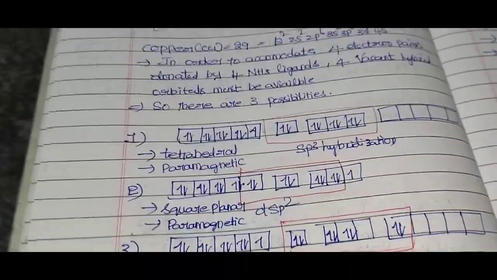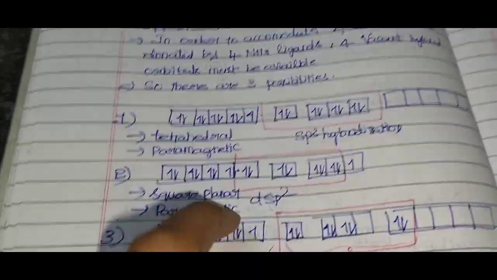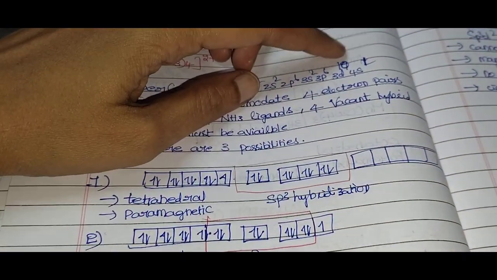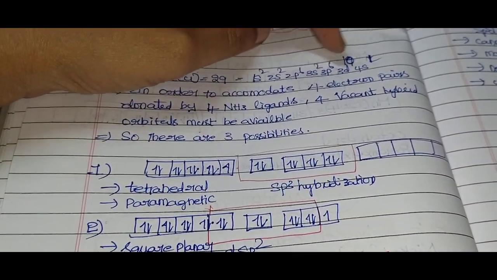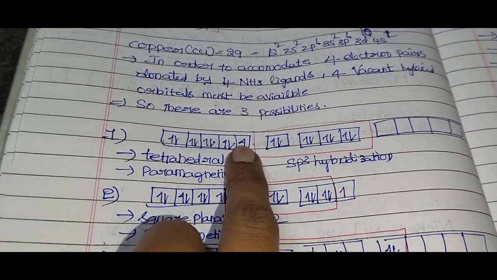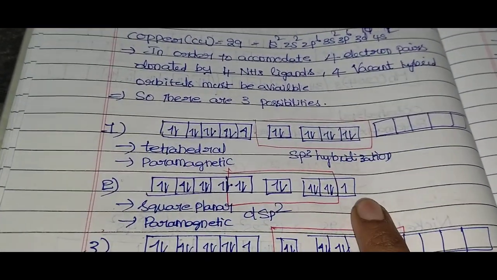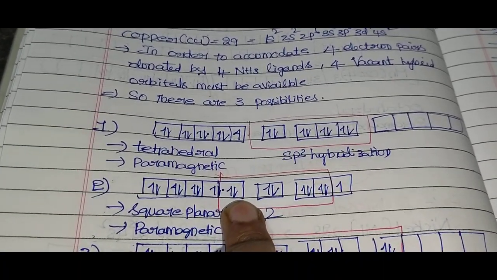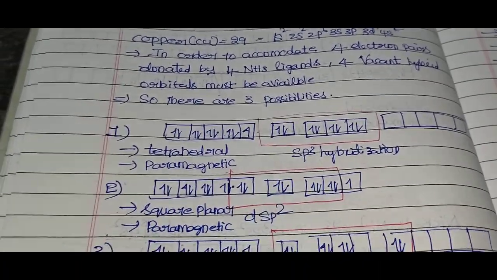So second possibility, 3d10 4s1, in this 2 electrons are gone, so 3d9 4s0. So in this 1 electron which is present, it will be pushed here, so this vacant d orbital is used for hybridization.